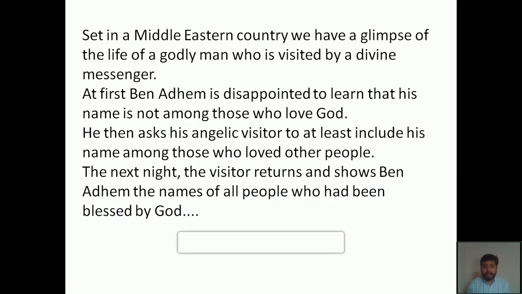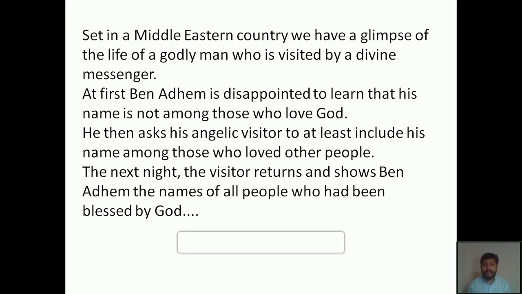The visitor returns and shows Adhem the names of all people who had been blessed by God. The next day, the messenger appeared in front of Adhem again with another list, containing the names of all people who had been blessed, who had been loved by God.